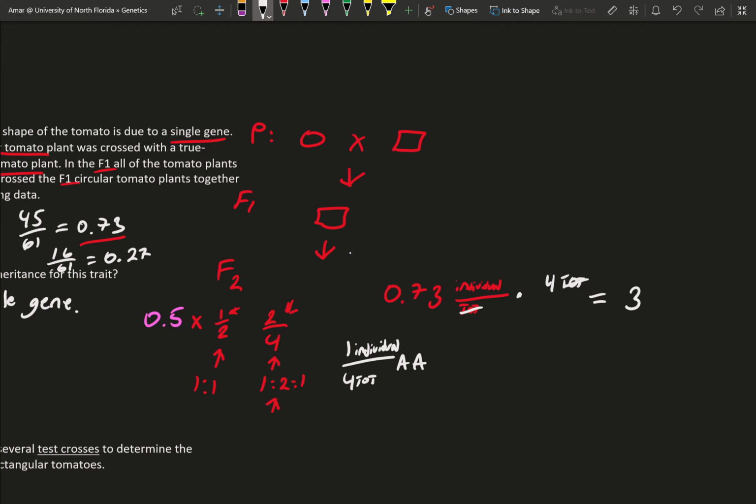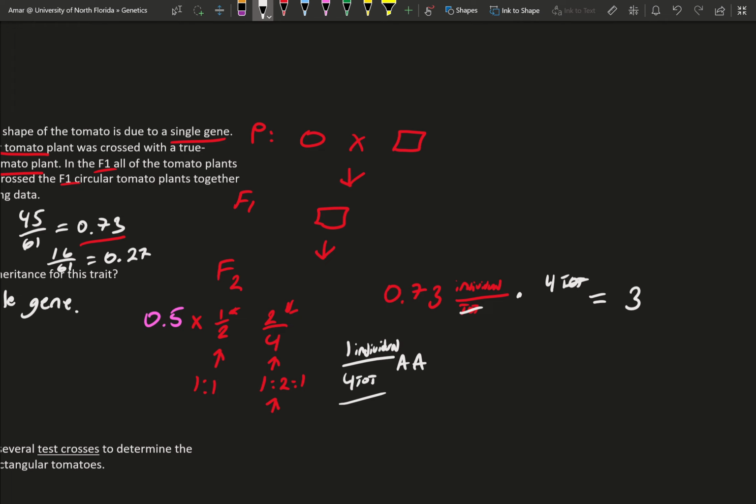So this is a way you can calculate ratios from these crosses. From a single gene cross, because we're doing a big A little a with a big A little a cross, we're going to use the denominator here to multiply by the frequency to figure out what the ratio is.